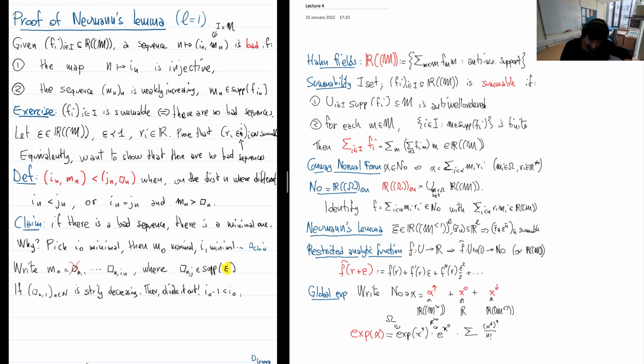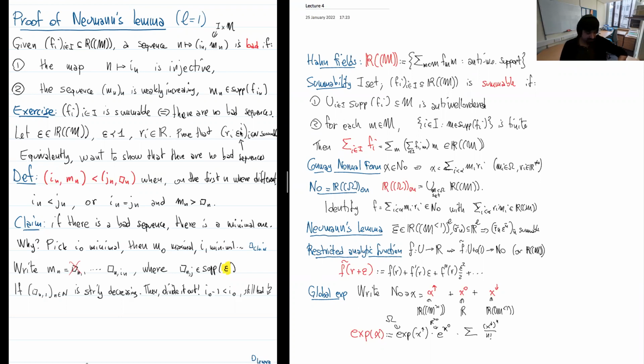And you're still bad. You remain bad because we were starting with a bad sequence, it becomes strictly increasing, which is even worse in a sense, and so it's still bad. And that's a contradiction because we said we can pick a minimal one, and now we constructed a smaller one.